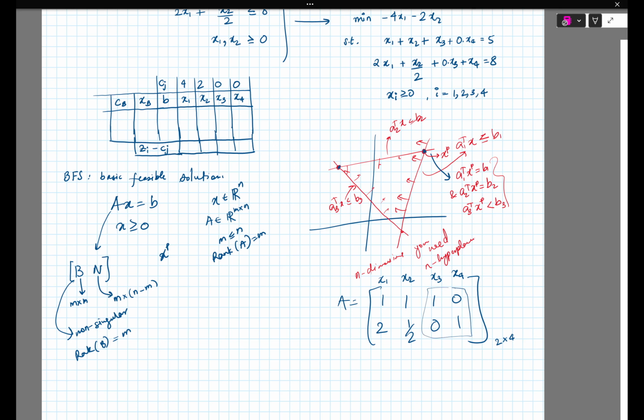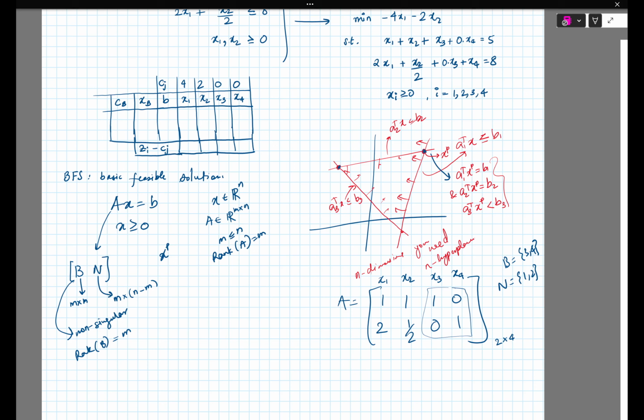Okay, so this B becomes like a set of variables. In this case, this B set has 3 and 4, and the N set has 1 and 2, right? So it's called the basic variable set and non-basic variable set.